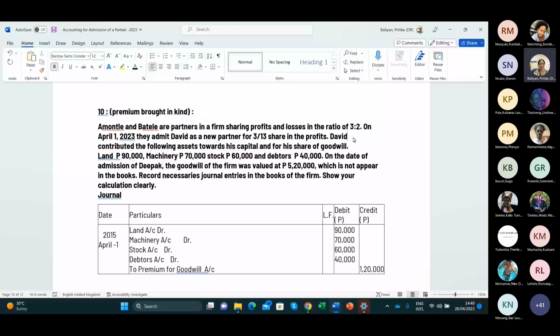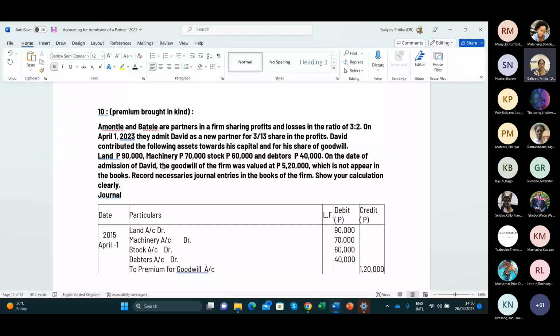On the date of admission of David, the goodwill of the firm was valued at 520,000, which does not appear in the books. Record necessary journal entries in the books of the firm showing your calculation clearly.